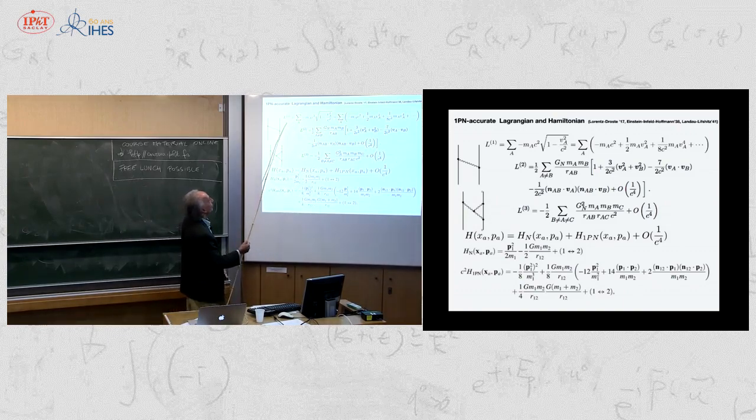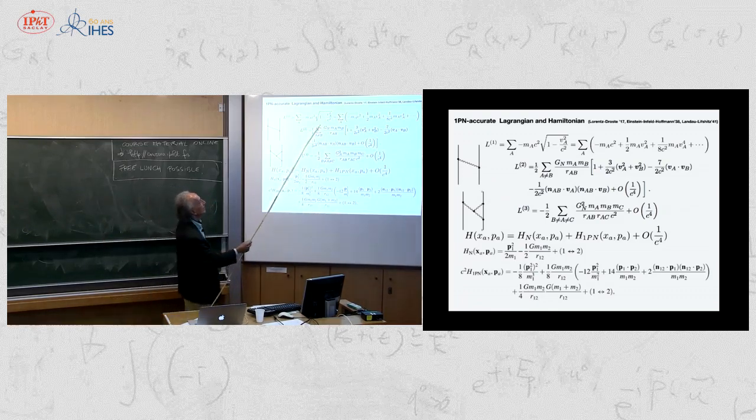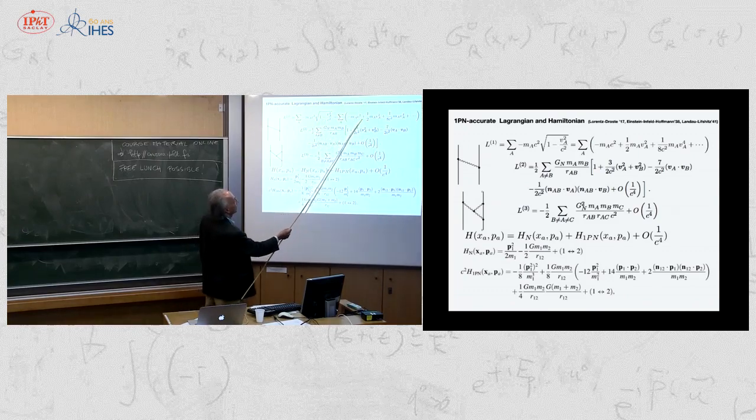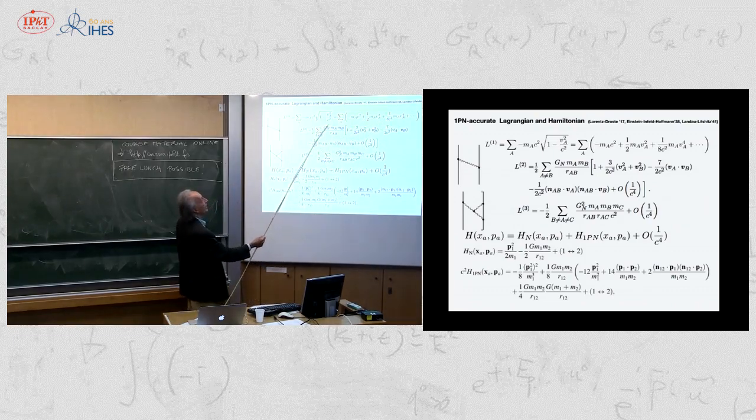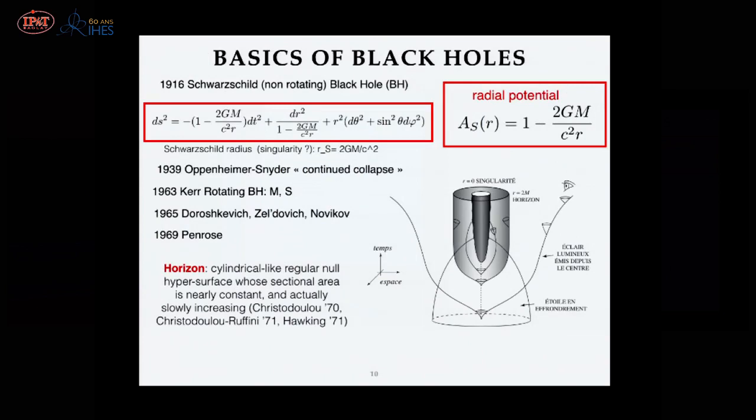There is the Lagrangian for free test particles in Minkowski spacetime, so minus m times square root of 1 minus v squared, but that you can expand in v over c. So it gives the rest mass term, the kinetic term of Newton, and then the first correction, 1 over 8 v to the fourth. There is a term that I will describe later, which is due to the one graviton exchange, and then there is a term which is nonlinear.